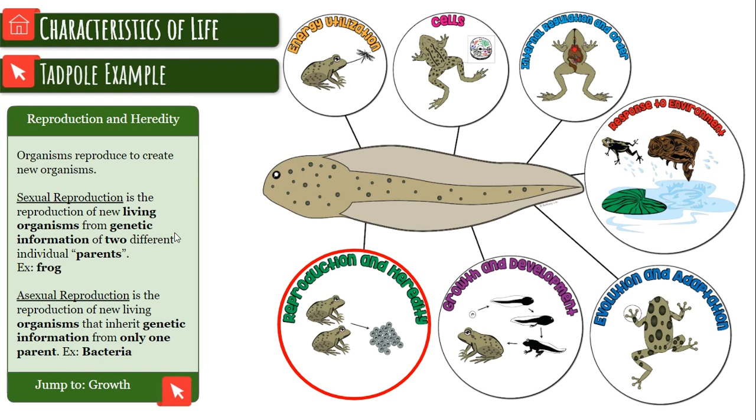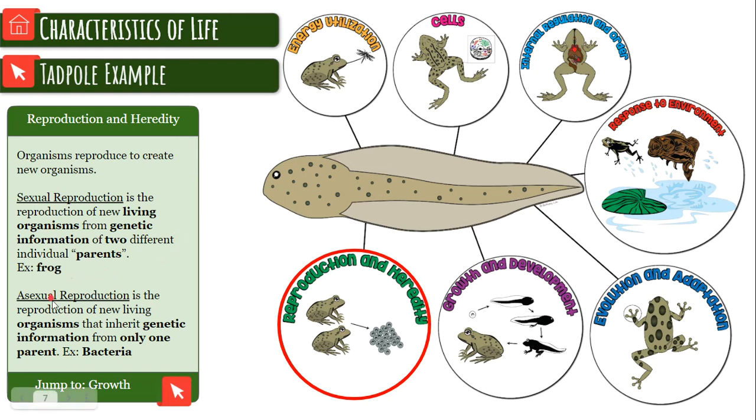So an example of an organism that would use sexual reproduction would be frogs, but we could also include humans. You have to have a male and a female parent exchange genetic information, and we say that males have sperm and females have eggs.